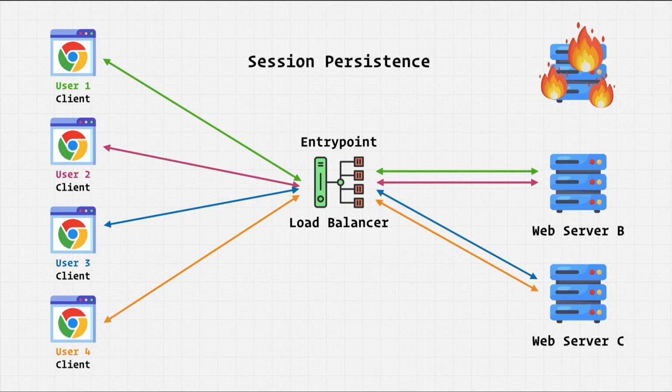Now, for those of you that are curious, how is it that with session persistence, if server A went down, how do server B and server C, who are taking over user 1 and user 4 sessions, keep track of what the session's information was that server A was doing? So here is where there are different strategies of how you actually retain that session information.